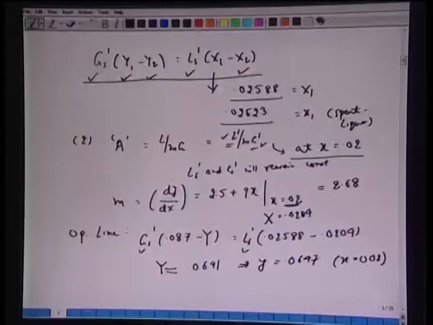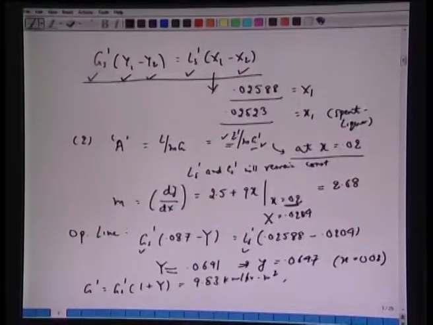Okay. So, we can write G prime as Gs prime (1 plus capital Y) to obtain 9.83 kilomole per hour per meter square. Similarly, we can write L prime as Ls prime (1 plus x) to obtain 30.61, and then one can calculate A equals 1.16.